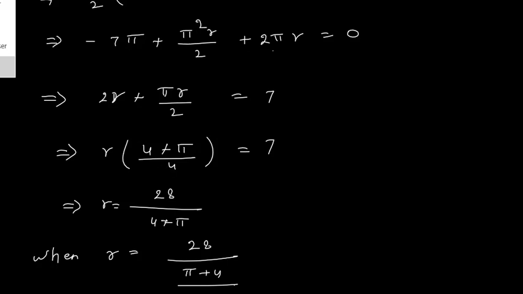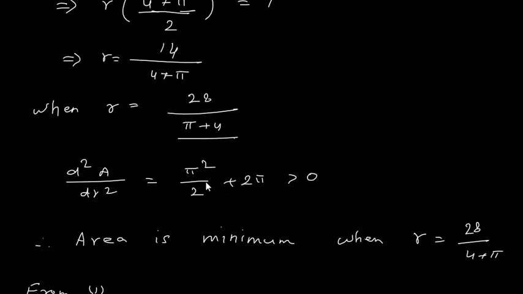It should be 2. So this is not 4, this is 2. So this 7 times 2, this is not 28, this is 14. So 14 upon 4 plus pi. So the value of r is 14 upon 4 plus pi. This is 14. Okay, 14 upon pi plus 4 or 4 plus pi.